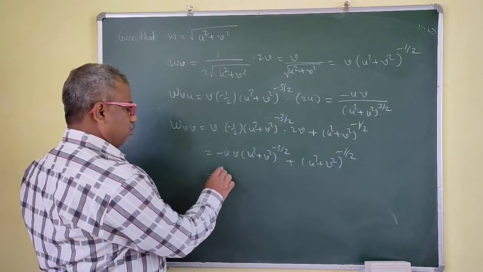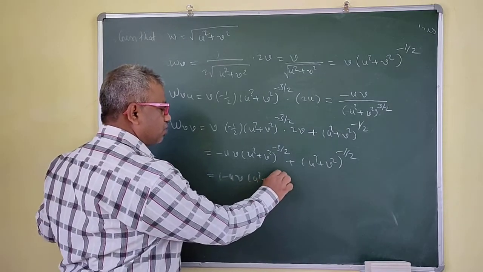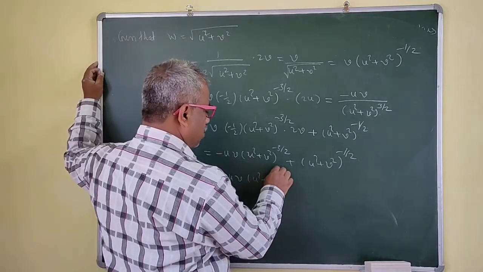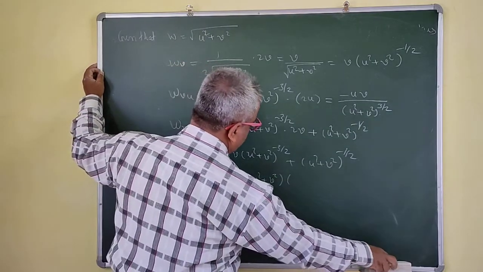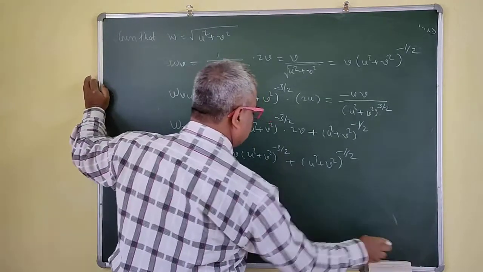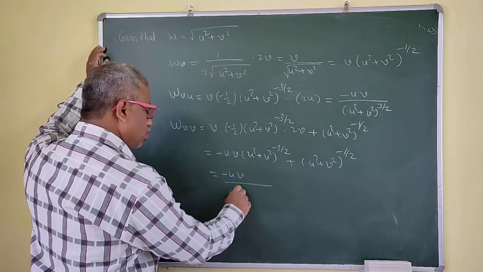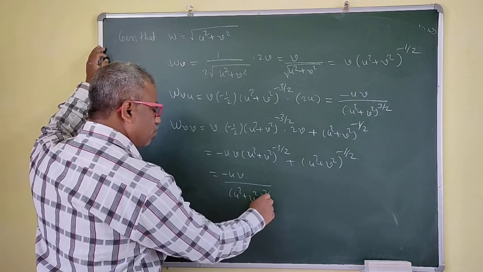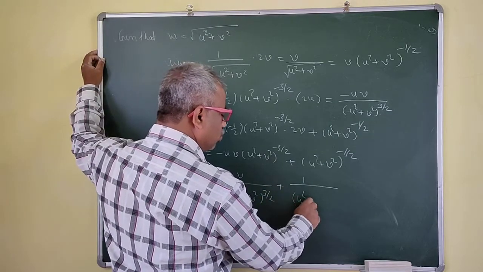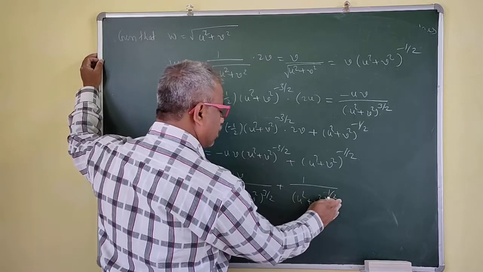Okay, this is minus uv upon (u square plus v square) to the power 3 by 2 plus 1 upon, actually no need to simplify this, minus half, so it becomes plus half.